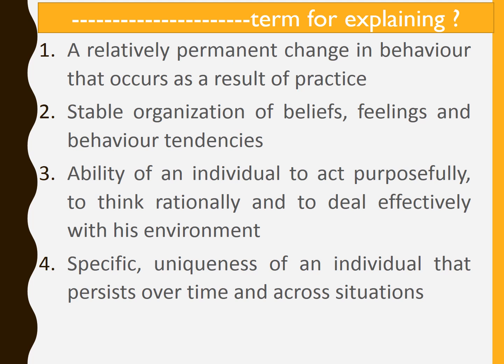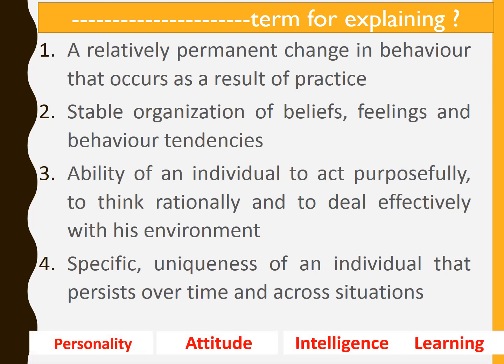At last, four questions. A relatively permanent change in behavior that occurs as a result of practice. Imagine the options are personality, attitude, intelligence, and learning. Answer is learning. Stable organization of beliefs, feelings, and behavior tendencies. And the options are personality, attitude, intelligence, and learning.